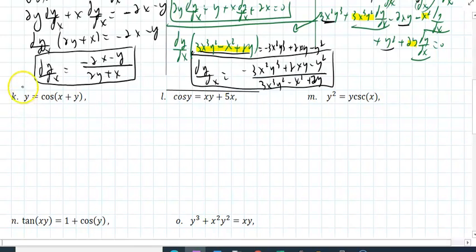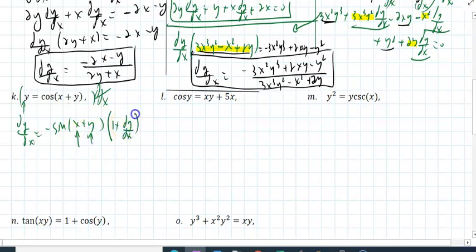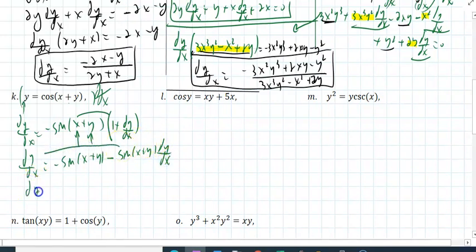Well, derivative of this with respect to x, that will be dy/dx equals negative the sine of x plus y times, with the product rule, derivative of x is 1, derivative of y is dy/dx. And now to solve for dy/dx, I need to distribute. Get all the dy/dx's on one side.